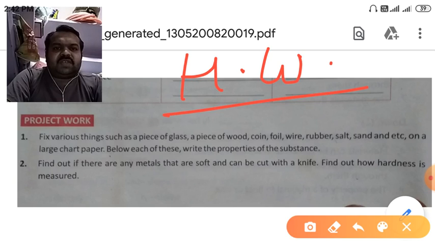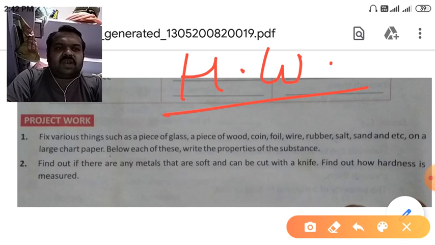Question number 2 is given here. Find out if there are any metals that are soft and can be cut with a knife.